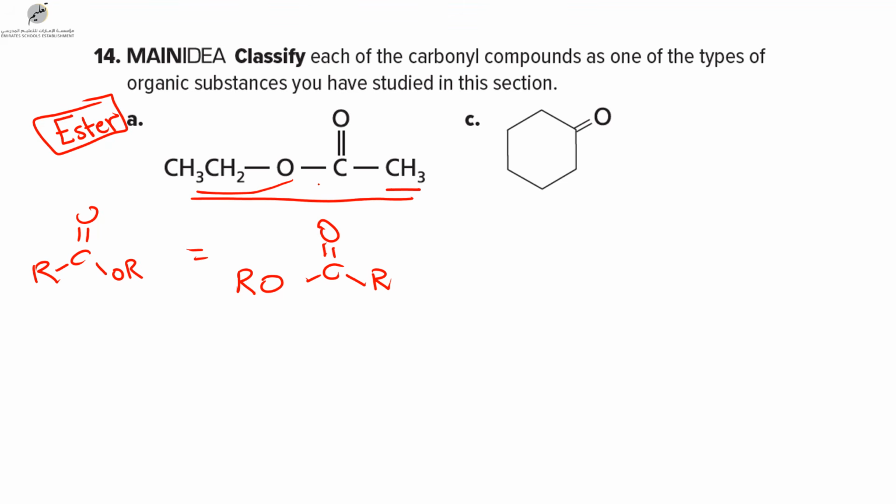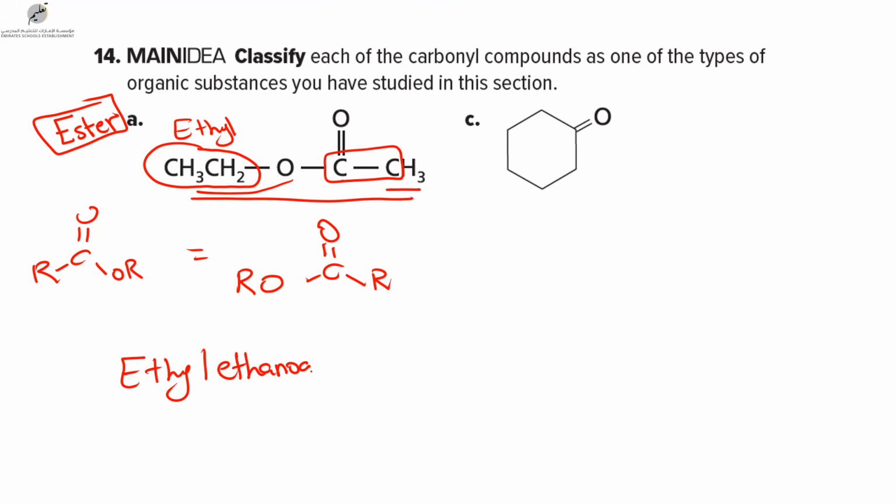So what's the name of this? Again, we said look at the alkyl group. This is ethyl, so you write ethyl. And then how many carbons are here? Two. So ethyl ethanoate. This one here is a ketone because it has this formula, R and R. And we already saw it.